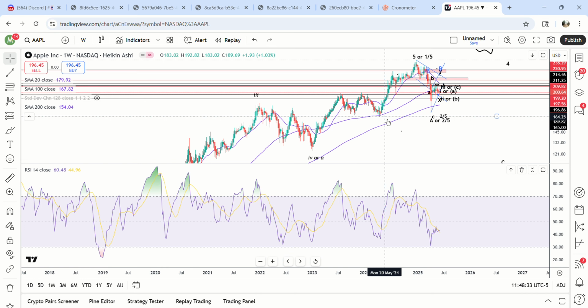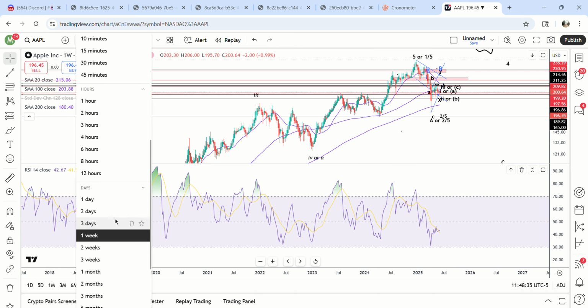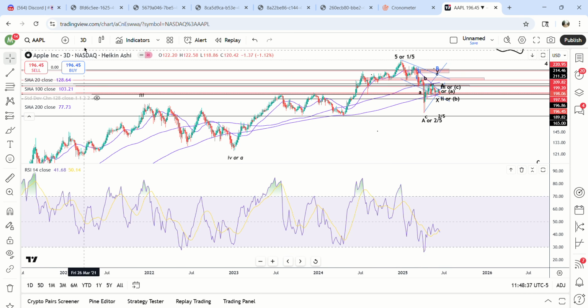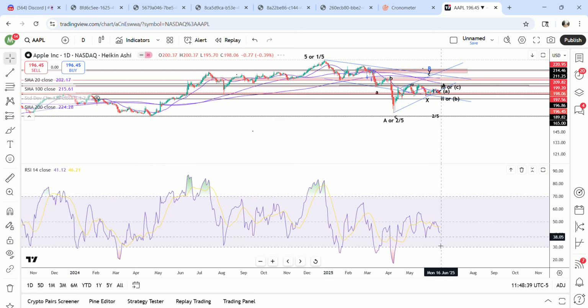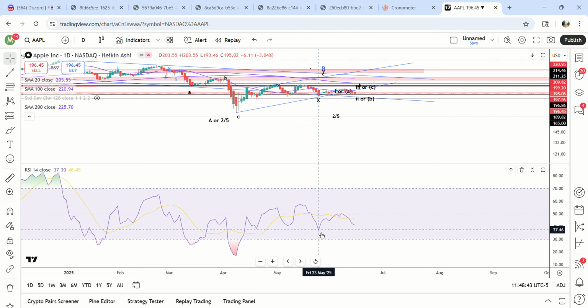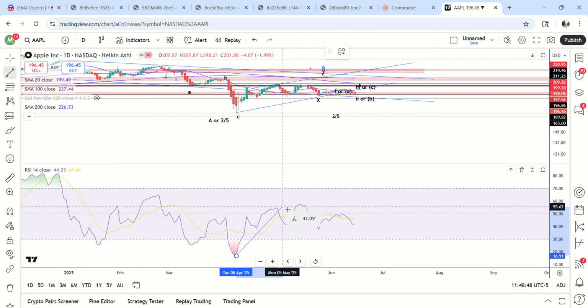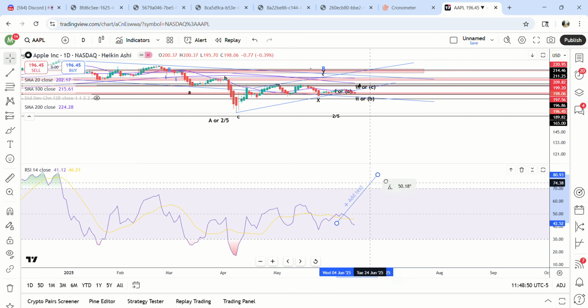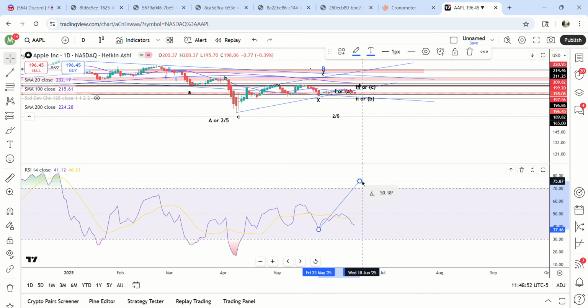So 165, I want to see hold. And on the daily time frame, again, you have bullish divergence starting right here. So if I'm looking at this, I still think RSI needs to go up here all the way to 75. How is it going to get there? I don't know. We'll see what happens.